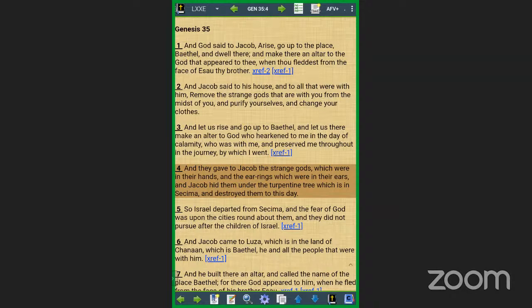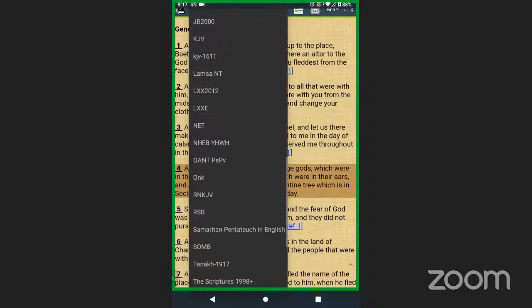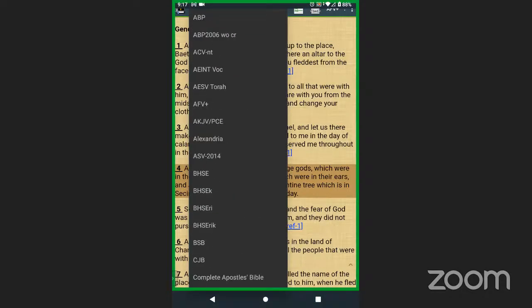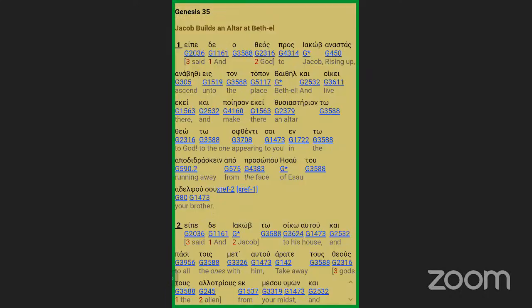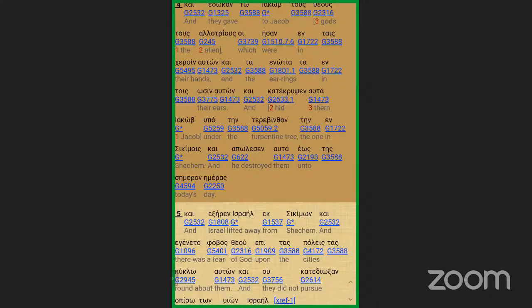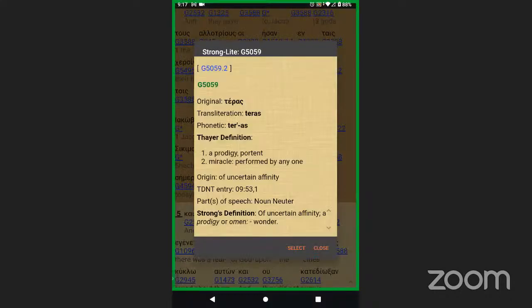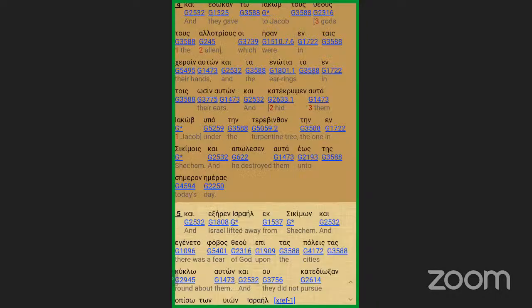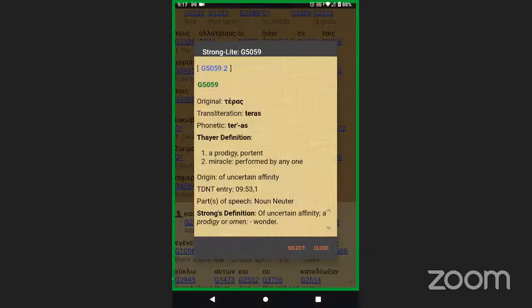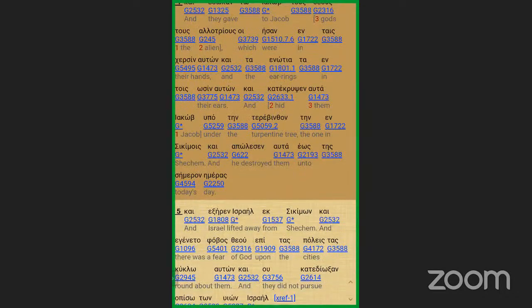Yours says turpentine tree? Mine says terebinth. Yeah, turpentine, I'm assuming. Never heard of turpentine tree. I know what turpentine is. Let's see here, Greek for turpentine. It's hard to know whether or not that word is turpentine, because the Thayers is not showing me a lot there.